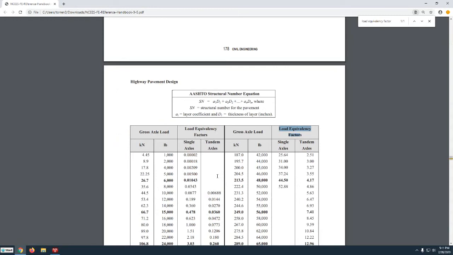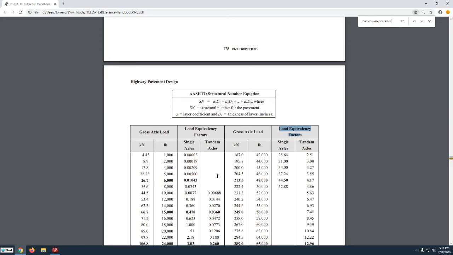It's on page 179. Oh, yes. So the table is here. This part is how to calculate the load.